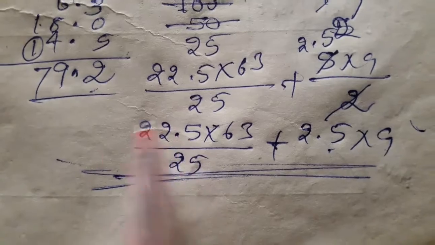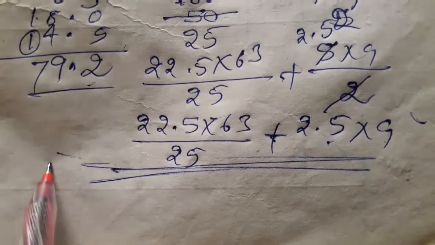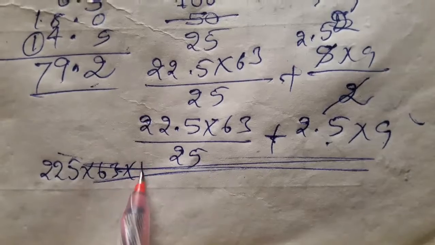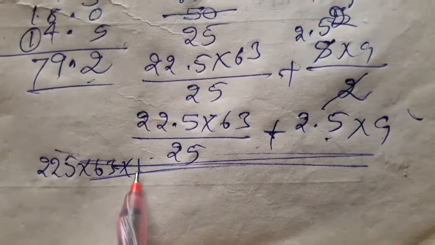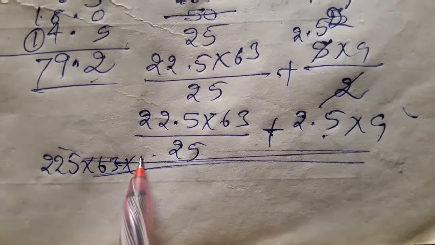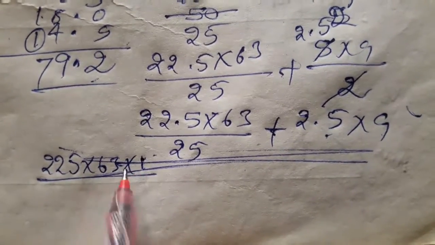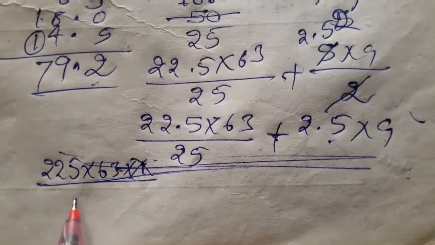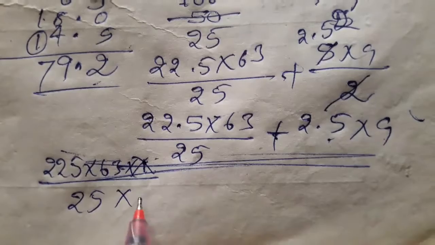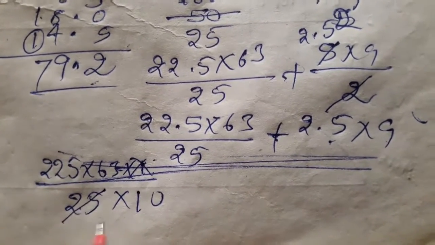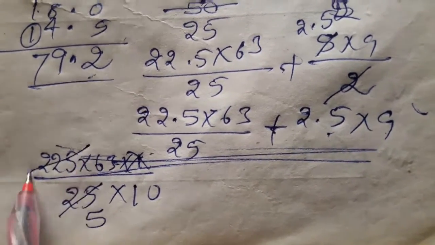See here, I am creating this 225 into 63 by multiplying and dividing with 10, so like that I am writing here. So in the denominator 25 into 10, so see here 5 fives are 25, isn't it?